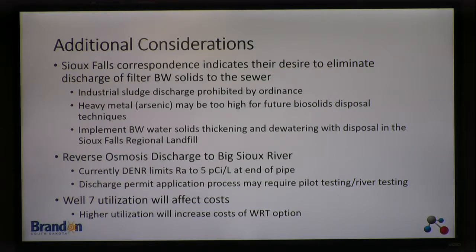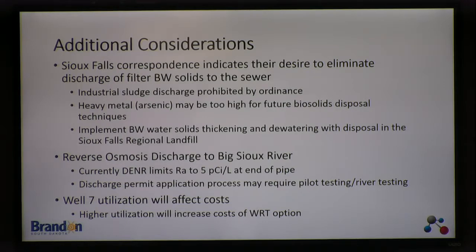And so in implementing these, it's recognized that that discussion would need to continue, and there might be pilot testing, additional river testing required in order to implement an RO discharge. Okay? So that's recognized as a part of implementation of that option. Just like moving into the Split Rock Creek for more water.